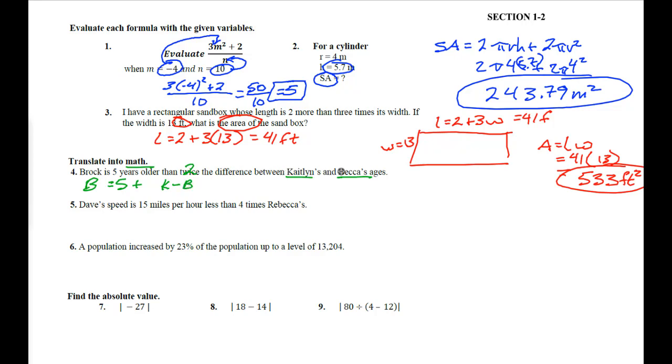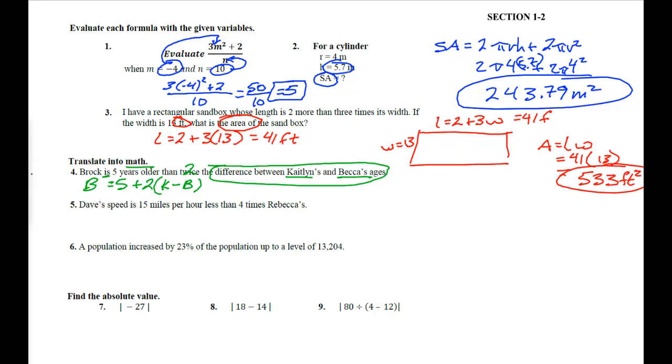That's the difference between Caitlin and Becca's age, and we have to do that twice. So let's double check. Brock is, that equals 5 years older, that's plus, then twice the difference between Caitlin and Becca's age. So the difference between Caitlin and Becca's ages is K minus B, and 2 times that.